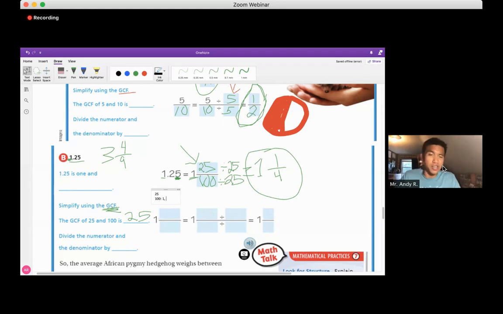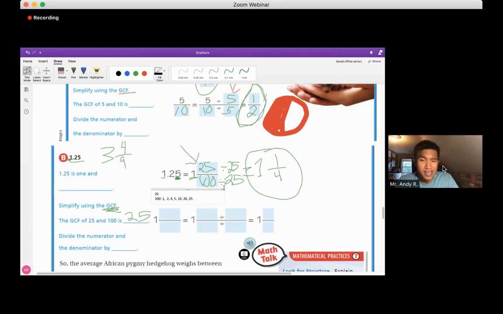So 100, I know 1, then 2, not 3, 4. 4 times 25 is 100. 5, yep, 5 times 20 is 100. 10, not 12, not 15, 20, then 25.